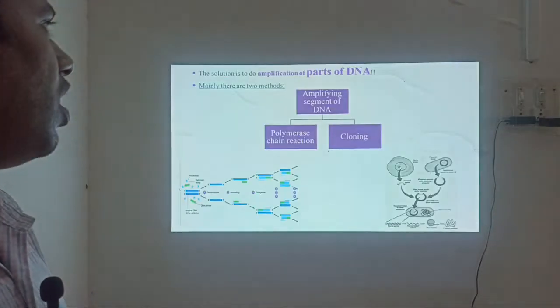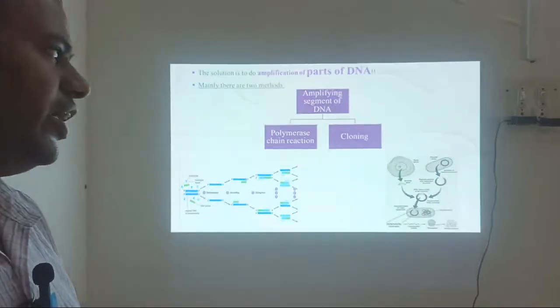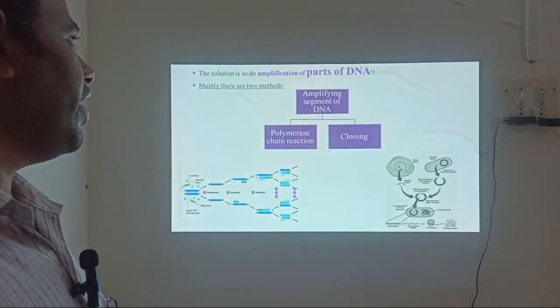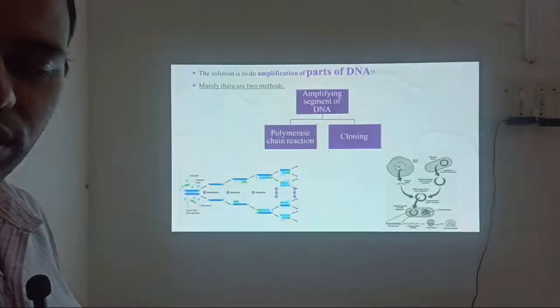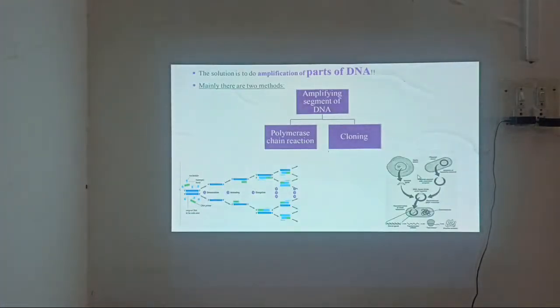So earlier, when PCR was not invented, the scientists were amplifying their fragment by cloning it in different cells. Okay, you can see here there are different cells that are available in which the cloning was done. Okay, so scientists used to clone the DNA using bacteria.